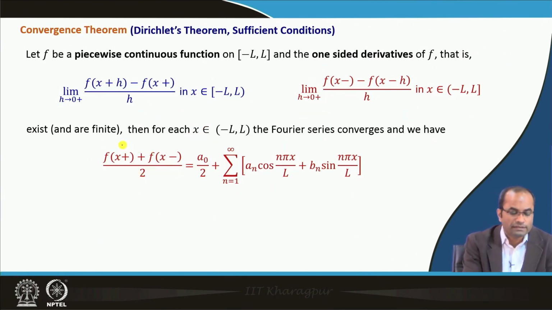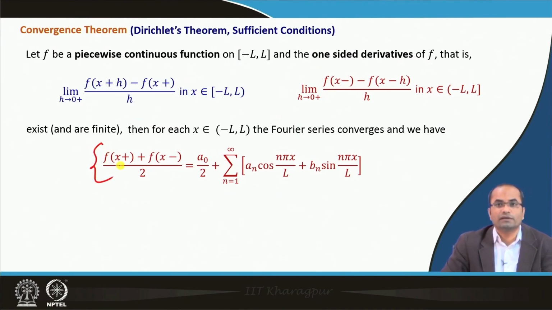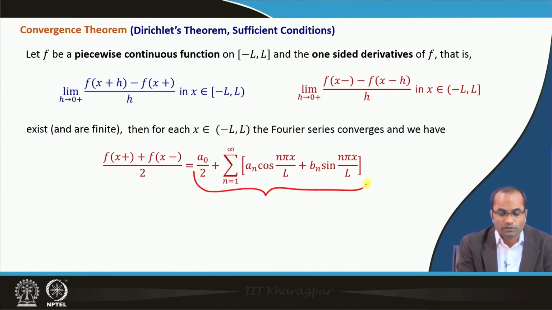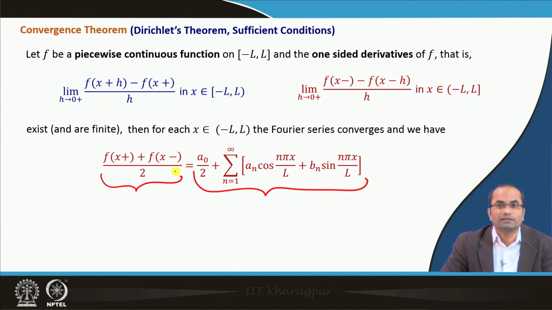And remember that these limits exist because we are talking about a piecewise continuous function, and for a piecewise continuous function these limits will definitely exist. So, here we have this nice convergence result that this series will converge not directly to f(x), but to the average value of f at that point x.